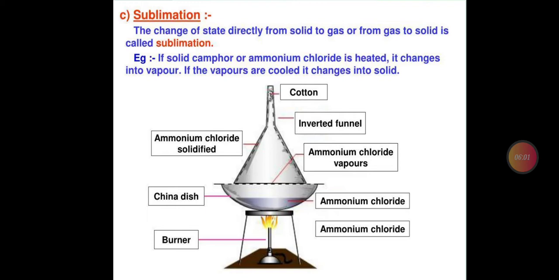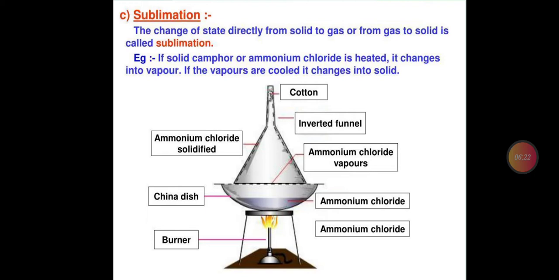Just remember that when solid is directly related with gas, either from solid to gas or gas to solid, the process involved is sublimation. You may use the other two terms, deposition or desublimation, when the backward change is taking place from gas to solid.